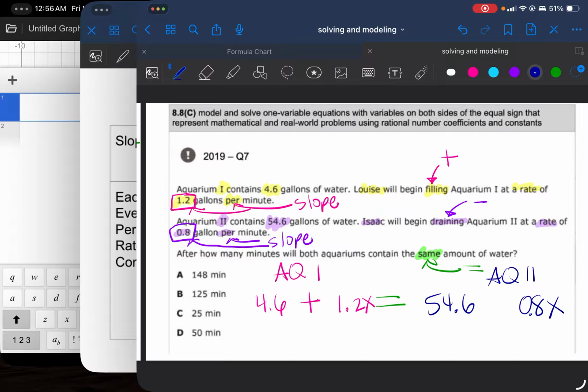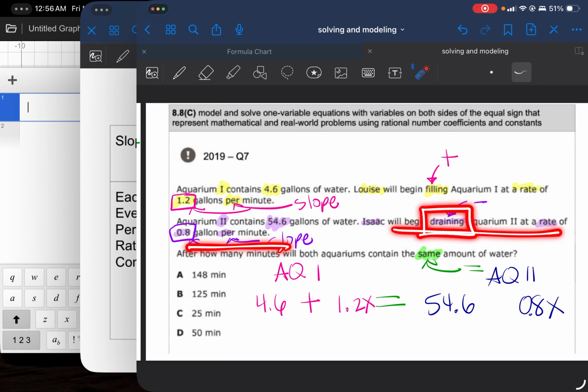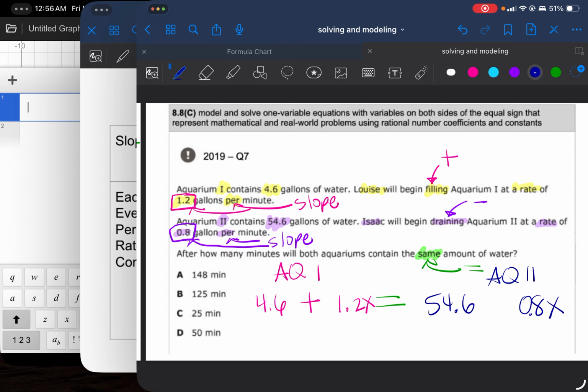Therefore, 0.8 has an x. And in that same sentence, we see the word draining. We know draining is minus. Therefore, minus will come with 0.8. Meaning our equation for Aquarium 2 will read as 54.6 minus 0.8x.